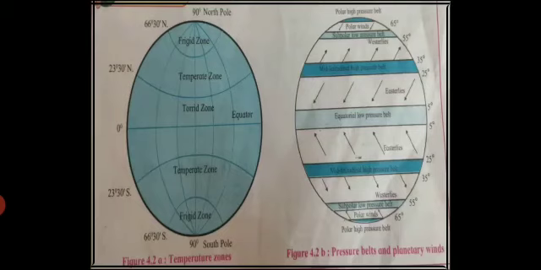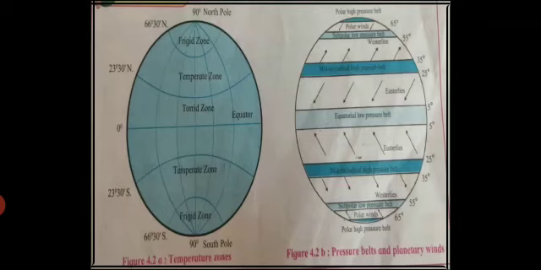Children, look at the figures 4.2a and 4.2b. Here it is said that the temperature zones and pressure belts are interrelated, means they are related to each other.